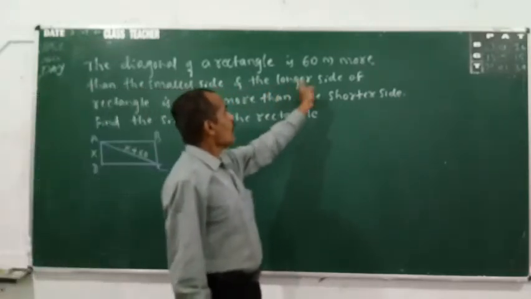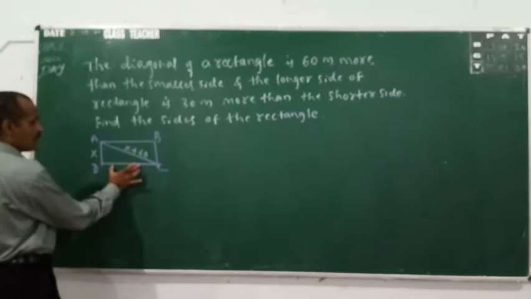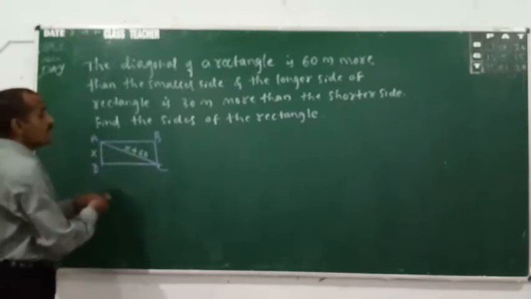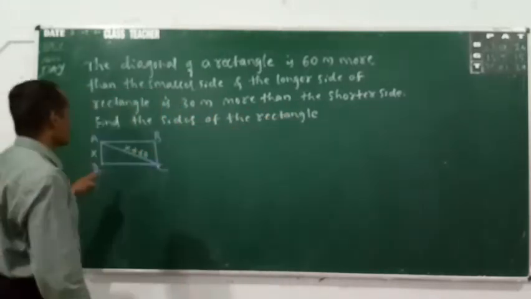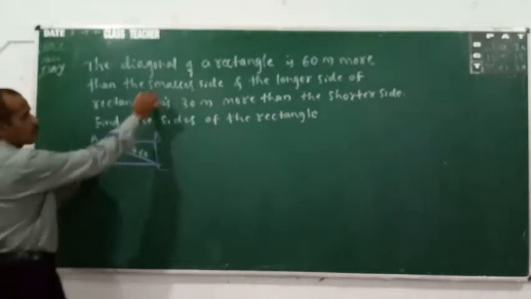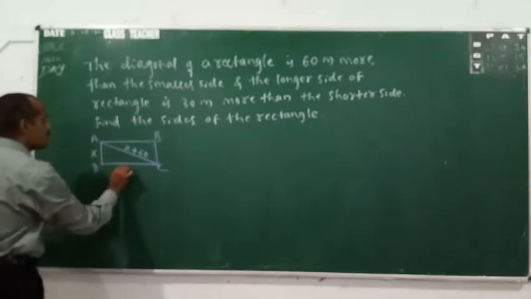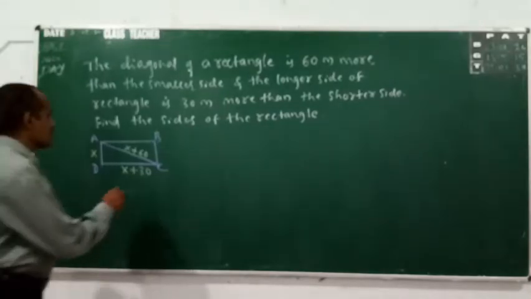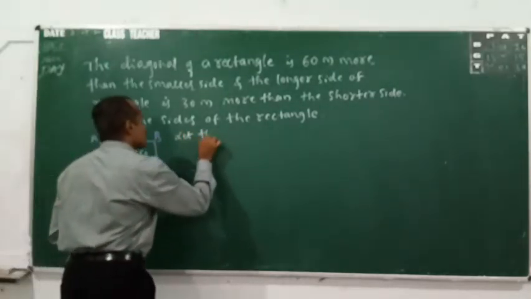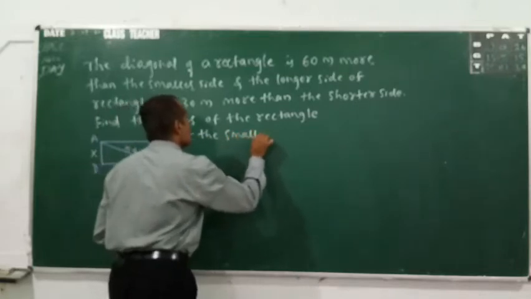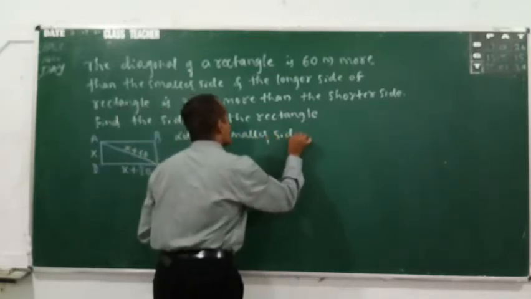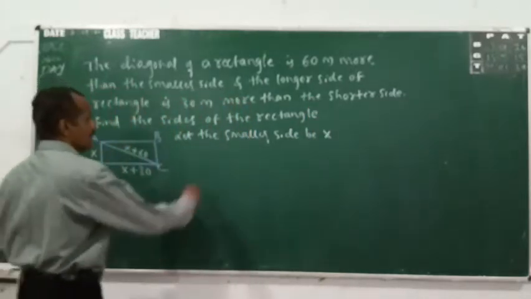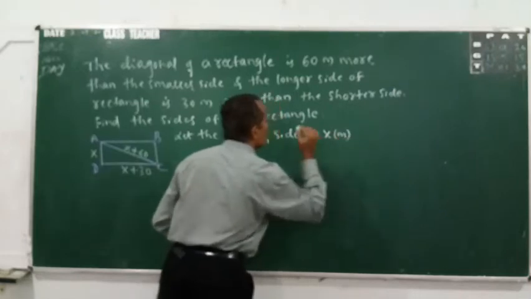Further we say the longer side is, this is the longer side, this is the shorter side, this is the diagonal. The longer side is 30 meter more than the shorter side. The shorter side and the smaller side are one and the same, and this is 30 meter more. I will call it X plus 30. I will write, let the smaller side be X meter.